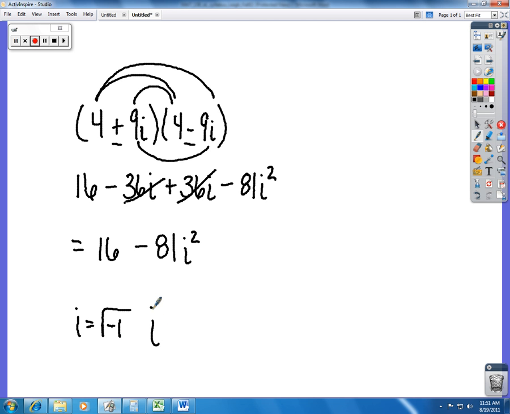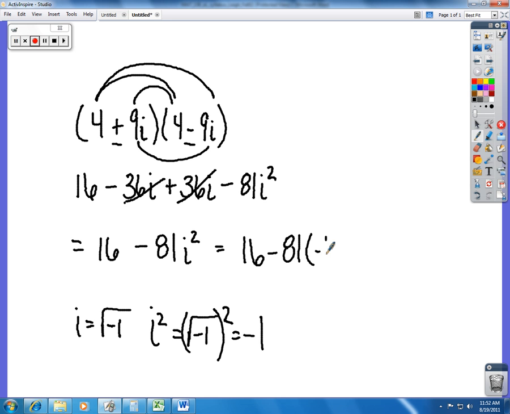Therefore, i squared would be the same thing as the square root of -1 squared. And if you square a square root, it just takes the root out. So i squared is equal to -1. So I can replace this i squared here with a -1. So now I've got 16 minus 81 times a -1.